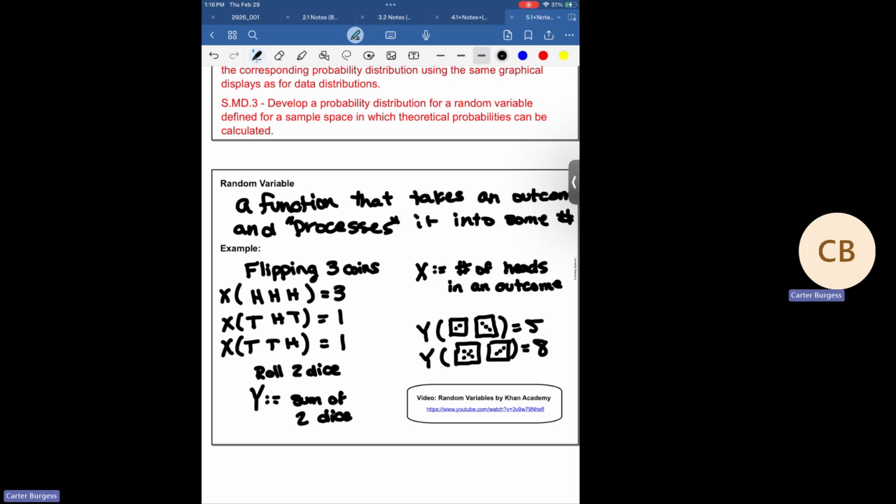My random variable takes that outcome and turns it into 8. So taking the thing that we are working with, the actual outcome, and converting it into some kind of number to work with. All right, questions about our initial definition of what is a random variable?